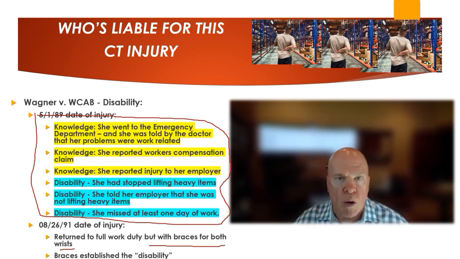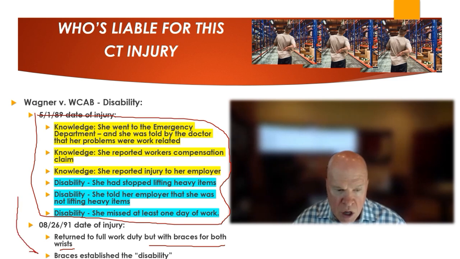The braces are the orthopedic devices, and it was the opinion of the workers' compensation judge that was upheld by the WCAB, by the way. 2 out of 3 commissioners ruled in favor of the workers' compensation judge that it was the braces that established the disability and not necessarily just the self-limiting of the work, the self-imposed work restrictions, reporting the injury to the employer, and missing one day off work.